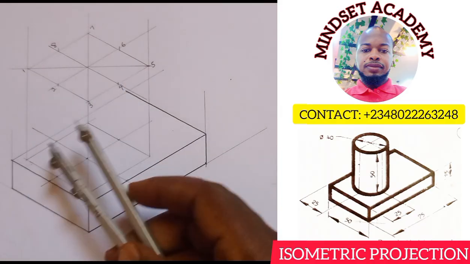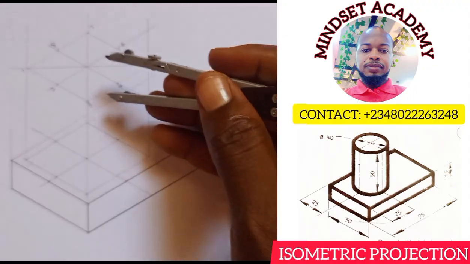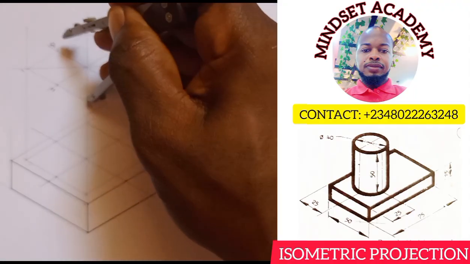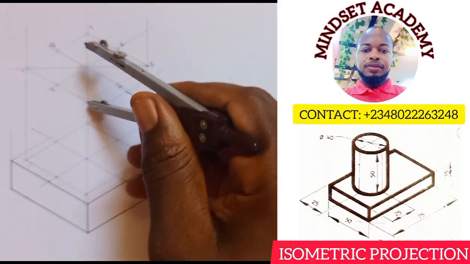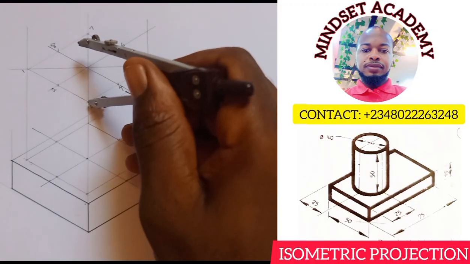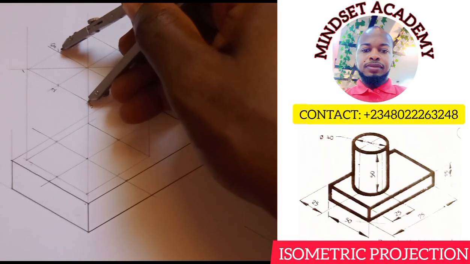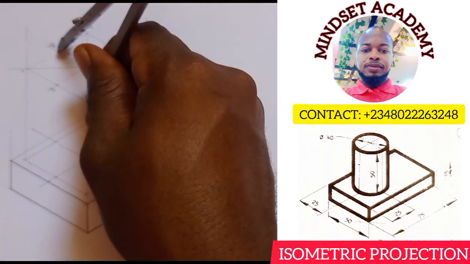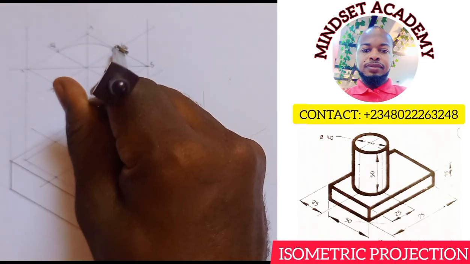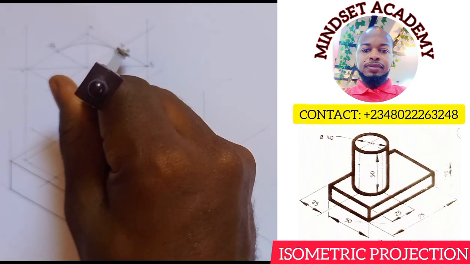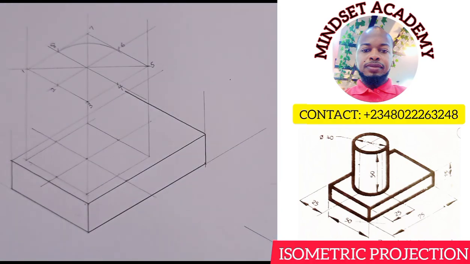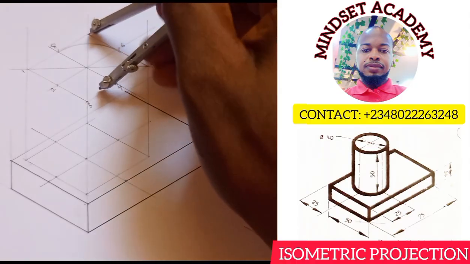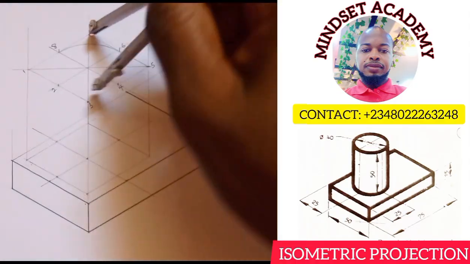After you've joined all those lines together, you place it here, take it to point 8 to join 6. Hope you can see that. So point 8 to join 6. Can you see that? And you take it from point 7 to join 2 and 4.